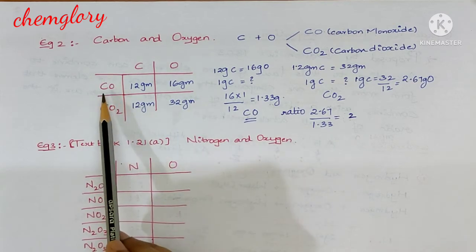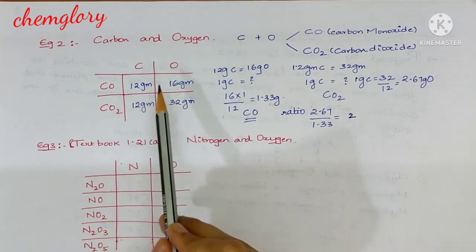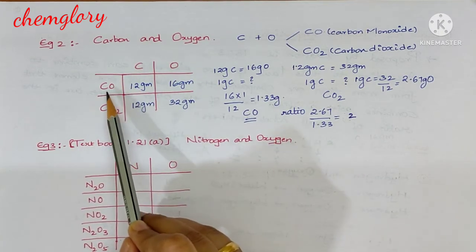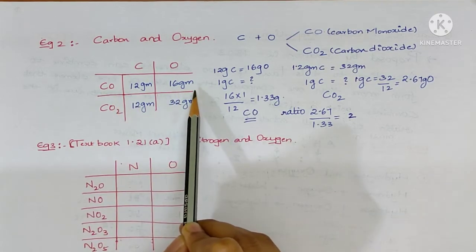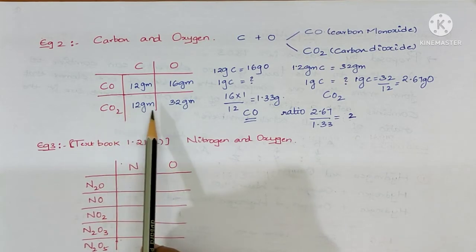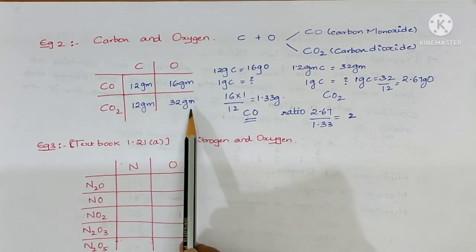What are the compounds we got? Carbon monoxide and carbon dioxide. What is the mass of carbon in carbon monoxide? 12 grams, because we have one C, and we have one O, so the mass is 16 grams. And in the second case we have one C, so it is 12 grams, but we have two O's, so 2 into 16, 32 grams.